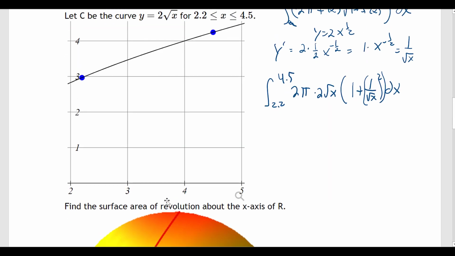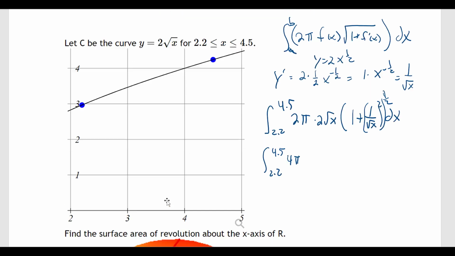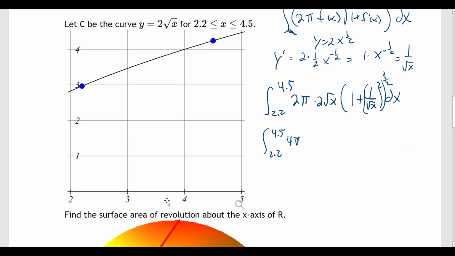So if we clean that up a little bit, we would have the integral from 2.2 to 4.5 of 4 pi. Now, what's interesting is this square root of x couldn't come inside and just be an x, because this is, oh, this is to the 1/2 power. I forgot about that. So we have that 4 pi from 2 pi times 2.